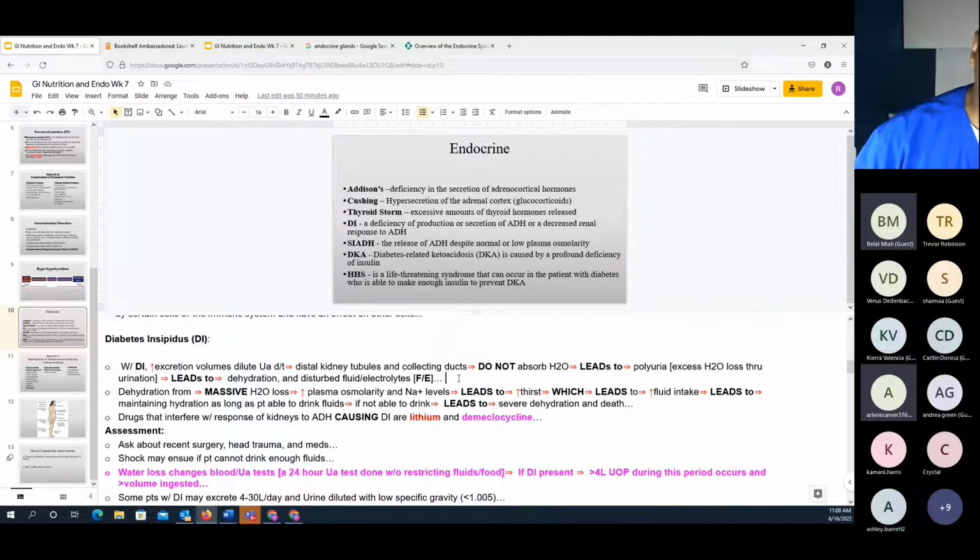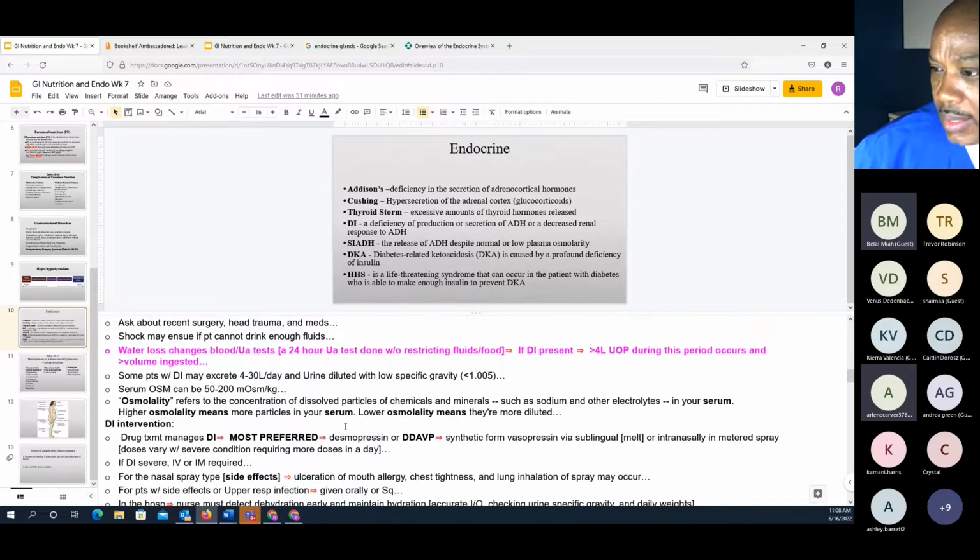Sometimes if these patients can drink fluids, then you hope that will fix the dehydration from the excessive urine output. Otherwise, it can lead to severe dehydration and death. So these patients may require some IV fluids and also some medications such as, I think it's, desmopressin or DDAVP.